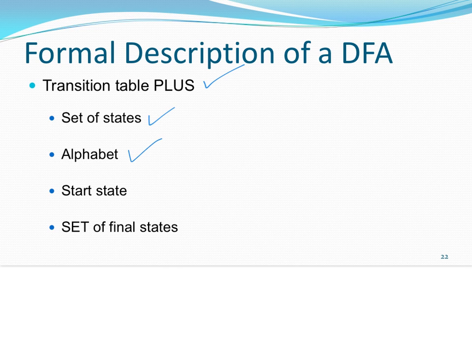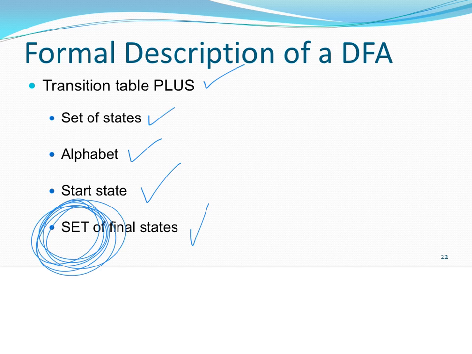What I don't know that I have to tell you is what's my start state, and I have to tell you my final states. And notice that my final states have to be represented as a set. Here's where we get nitpicky again, right? It's not just one final state. It might be 0. It might be as many as all my states. And similarly, the states are a set. Okay, so let's see how we formally write that out.